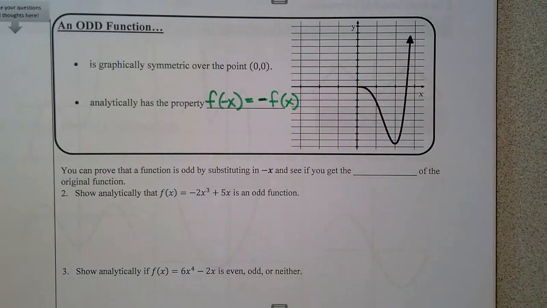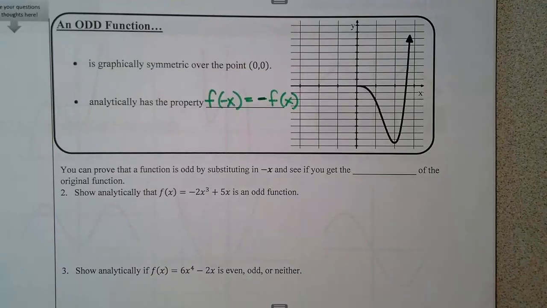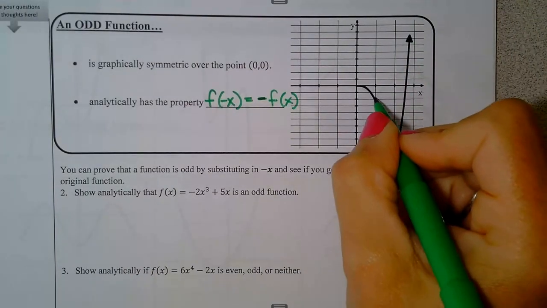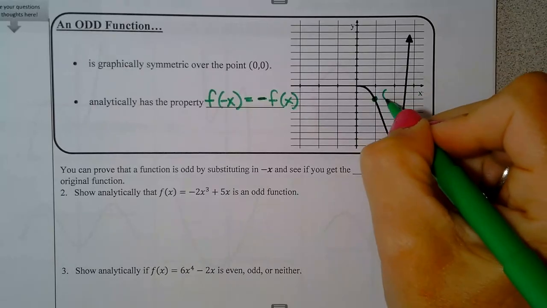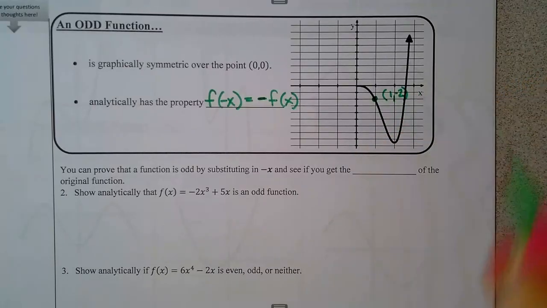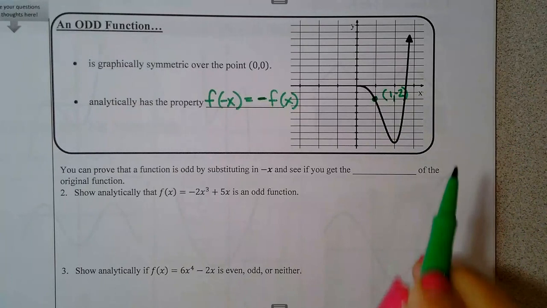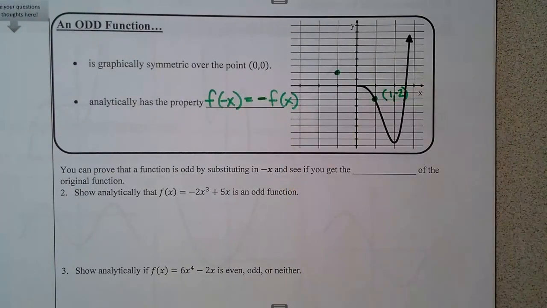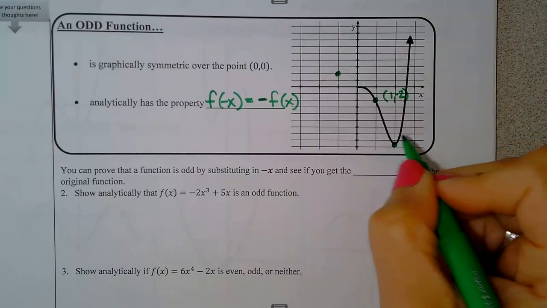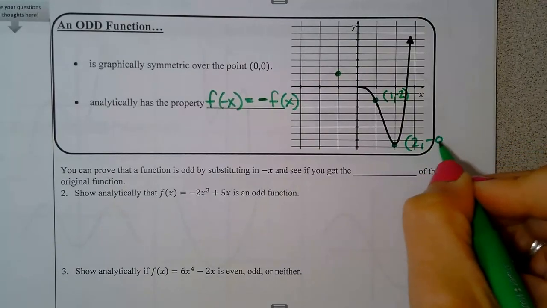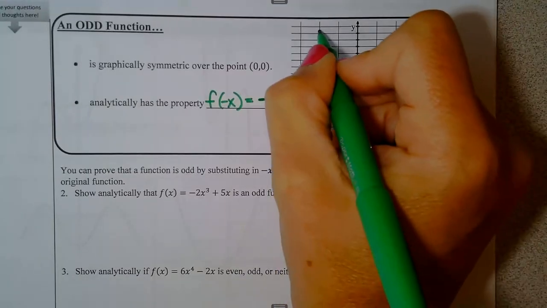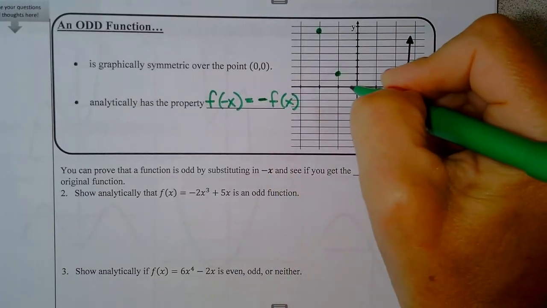So if I wanted to do these points, let's say this point is 1, negative 2. I'm going to change both signs to be negative 1, positive 2. Let's pretend that this is 2, negative 8. I have to change both signs to be negative 2, positive 8. And then you'd be able to redraw it.